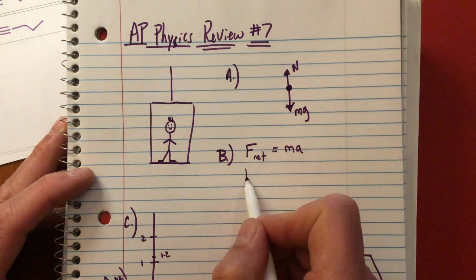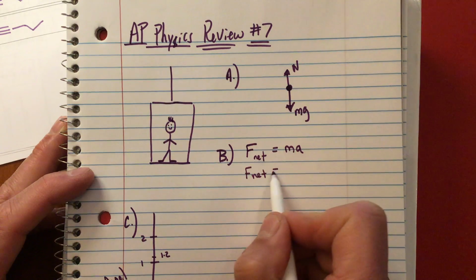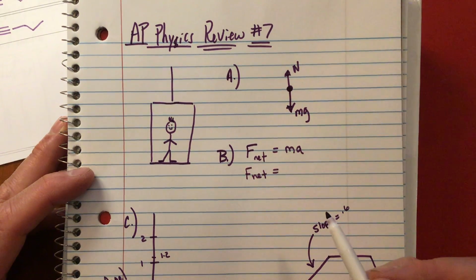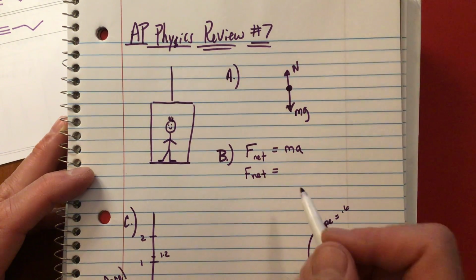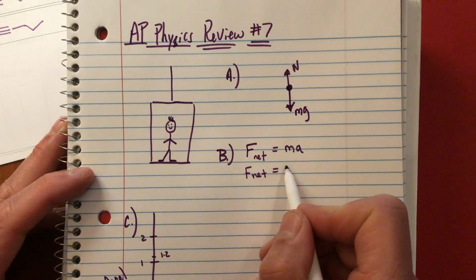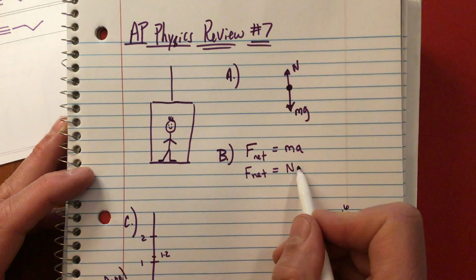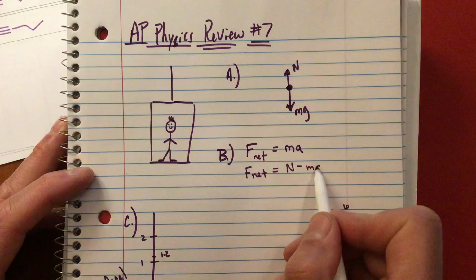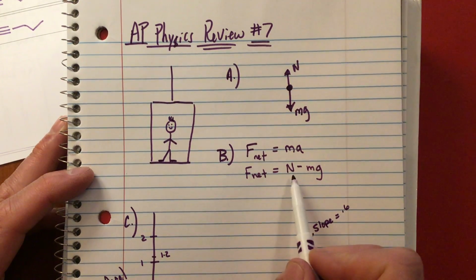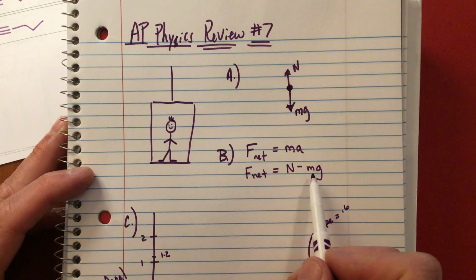And that net force would also equal... Okay, so I'm going to assume that the elevator is accelerating upward. So I would say that the normal force would be larger than the weight of the student. So I would say the net force would also be the normal force minus mg.